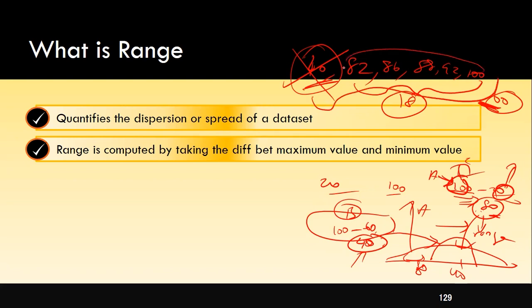The majority of values are close by. Just because one value is very low, it tells us the spread is 60. It's too high. If you exclude this one and compute the range, 100 minus 82, that is 18. Since you don't have the outlier here, it shows the real picture.